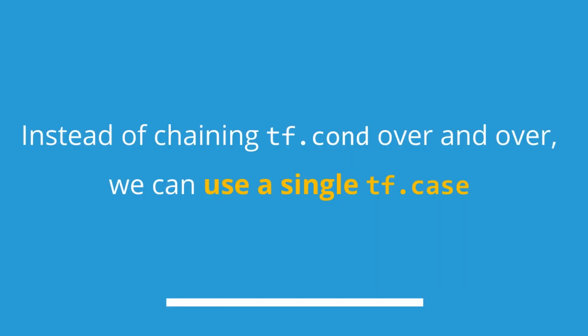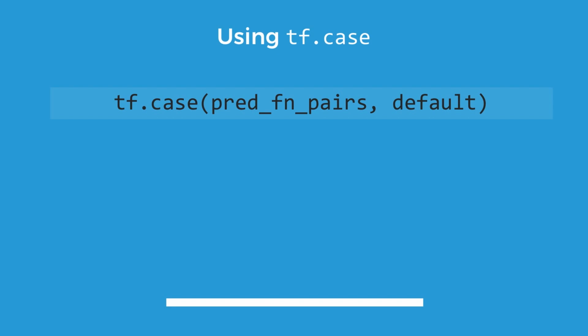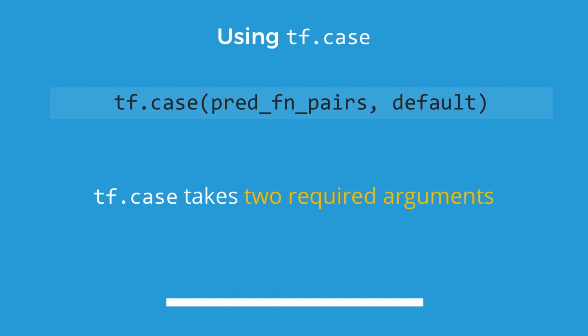So instead of chaining tf.cond over and over again, which you can do, you can instead use a single tf.case statement. So tf.case is similar in some ways, but it's slightly different just because we're dealing with a variable number of possibilities. So it has two required arguments.